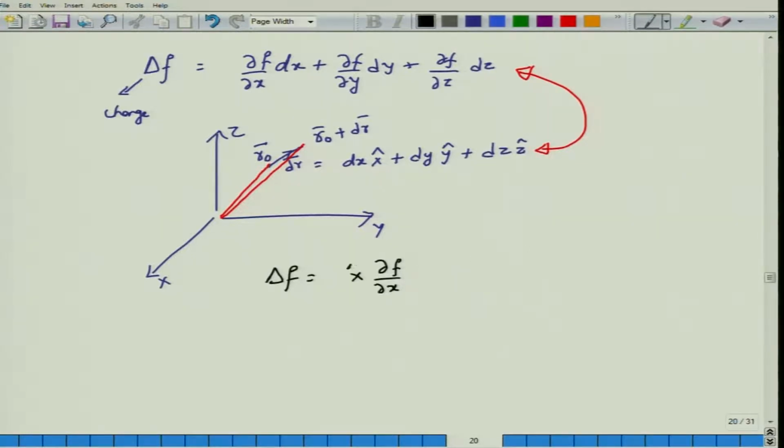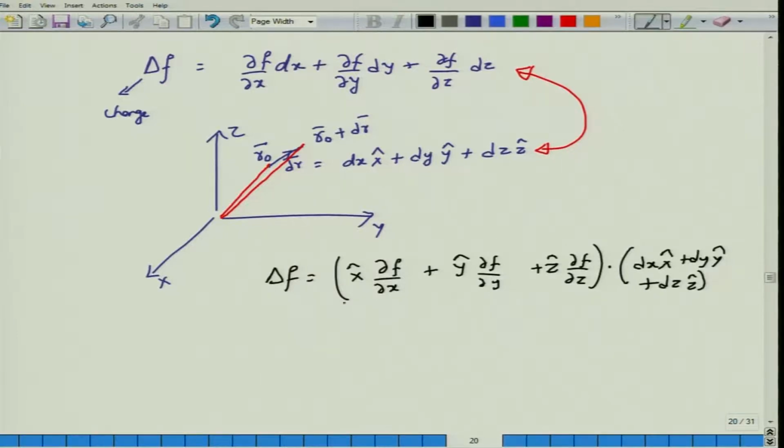So, I will call this as x hat del f by del x plus y hat del f by del y plus z hat del f by del z, all these partial derivatives being evaluated at the point r0, and then I take a dot product of this with respect to the displacement vector dr, which is dx x hat plus dy y hat plus dz z hat. The net result is the same because x dot x will give you del f by del x dx plus del f by del y dy because you have y dot y, x dot y and x dot z are 0, similarly y dot x and y dot z are 0 and so on.